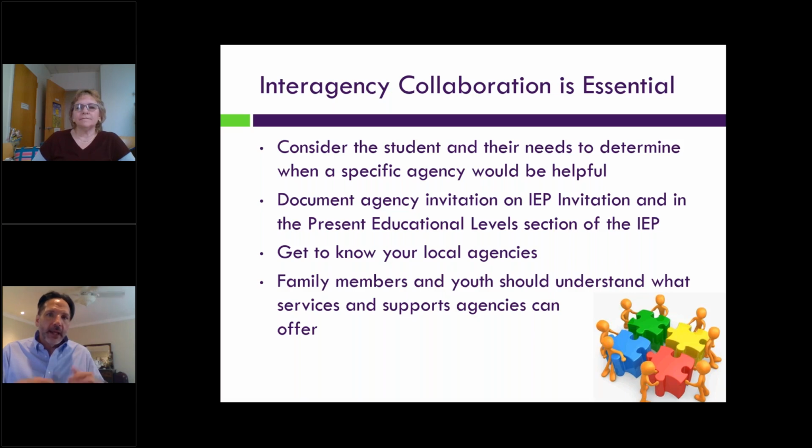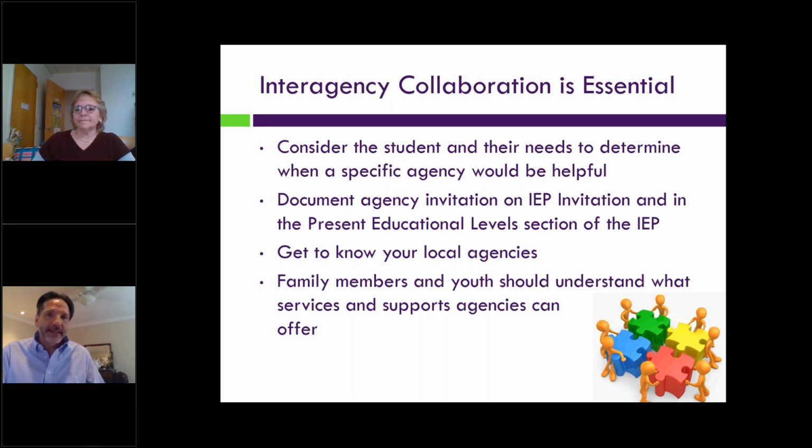It's important that during the IEP meeting and as part of the IEP document that agency information is documented and that families have a really good understanding, as well as that young person, that student, about what role agencies can play, and not waiting until 11th grade for families to be aware of that.